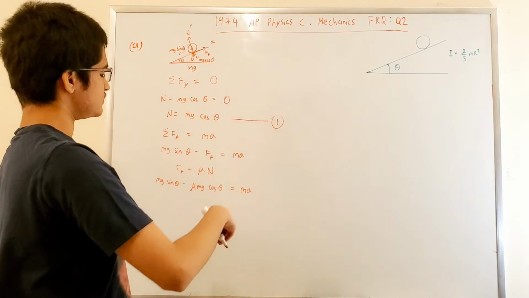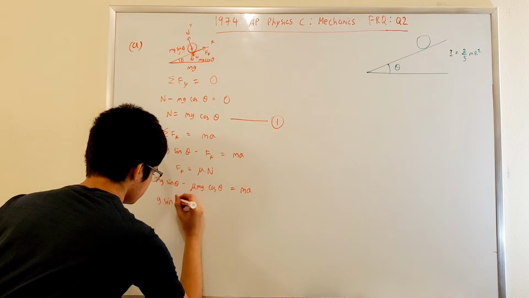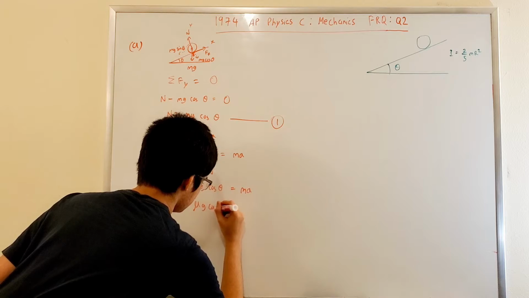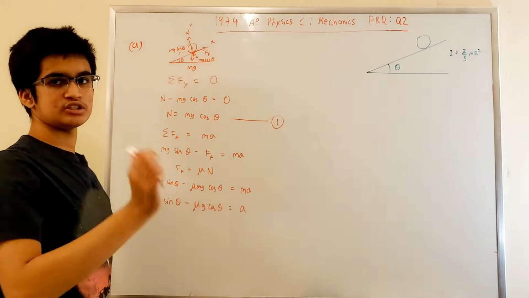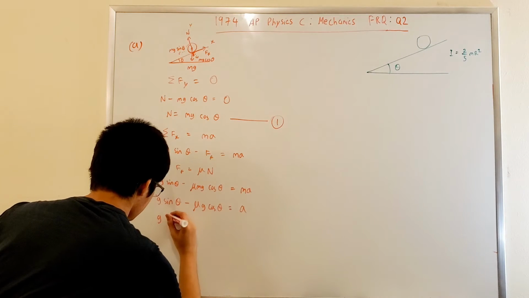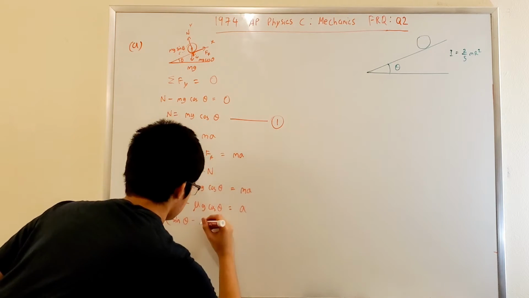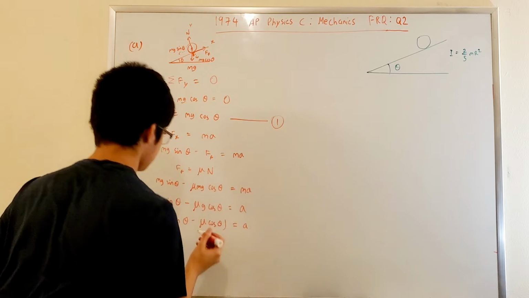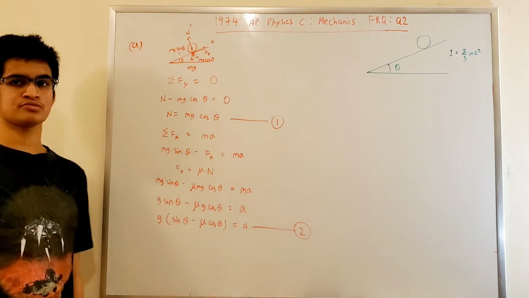We can divide by m on all sides to get g sine theta minus mu g cosine theta is equal to a. And we can clean things up a little bit by factorizing out our g.